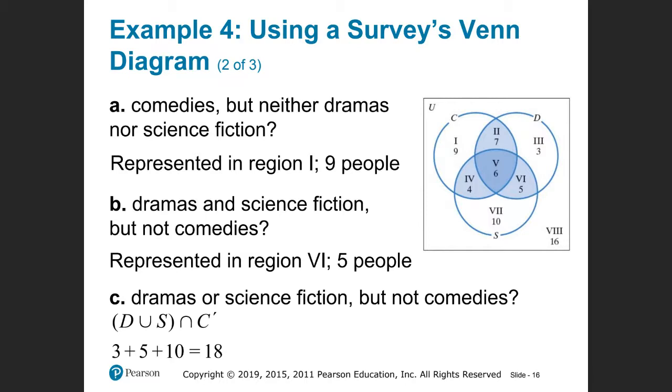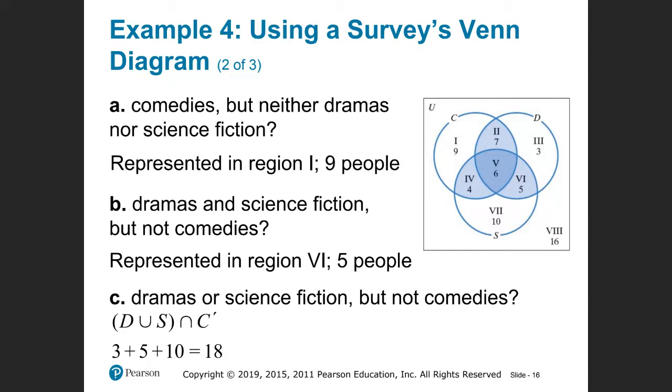Next, C, dramas or science fiction, but not comedies. Okay, they either like dramas or science fiction, but they don't like comedies. Well, this time it's going to be the union of D and S and the intersection of C complement, or C prime.